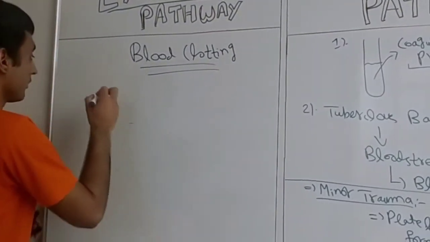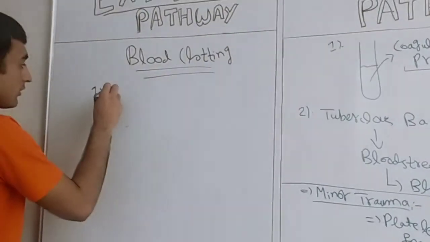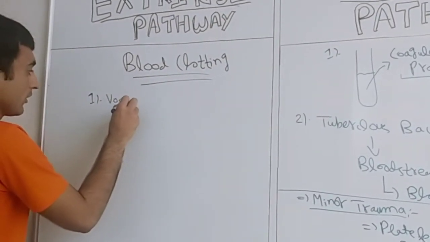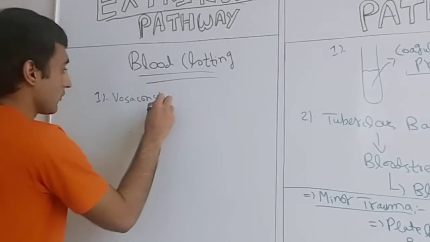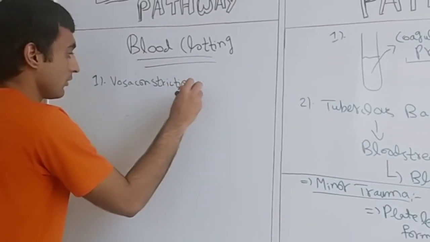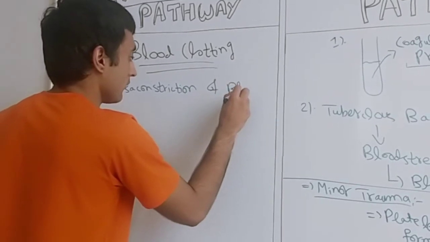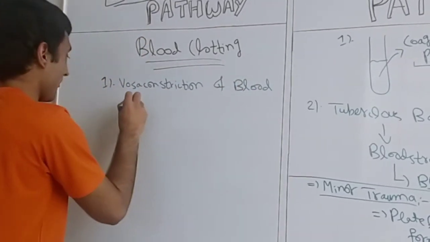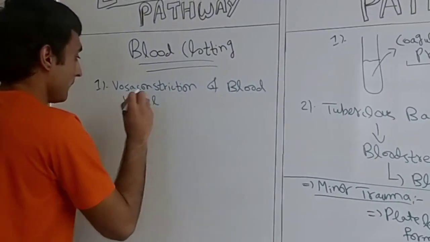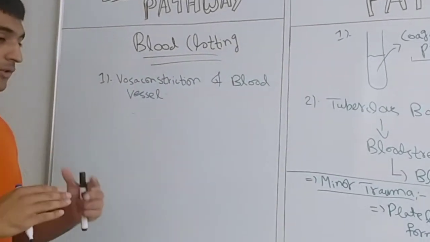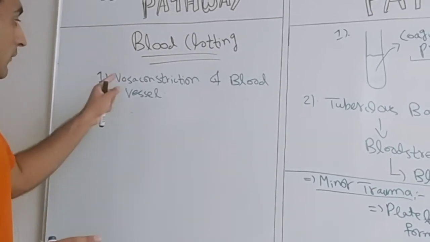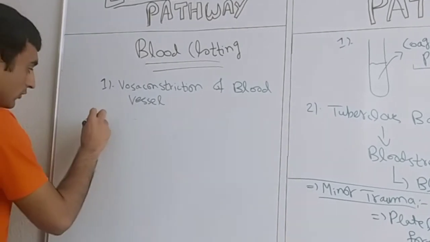Number 1, vasoconstriction of the blood vessel occurs. First of all, whenever there is any injury, bleeding occurs, so vasoconstriction of the blood vessel occurs in order to stop the bleeding.